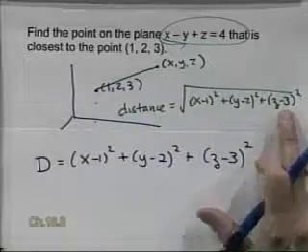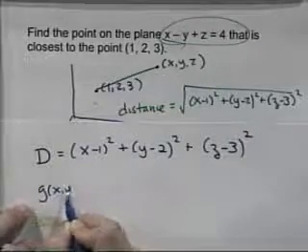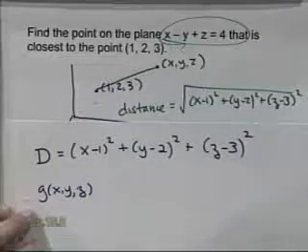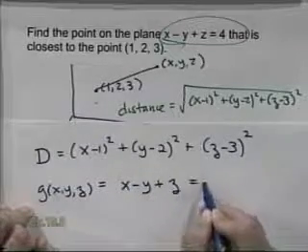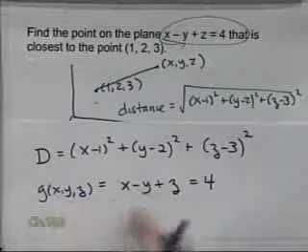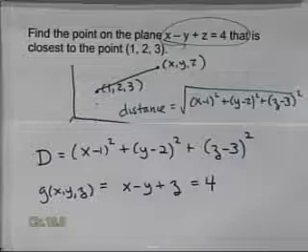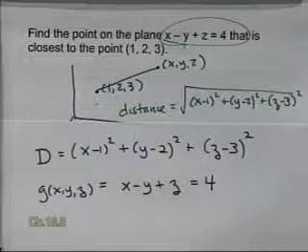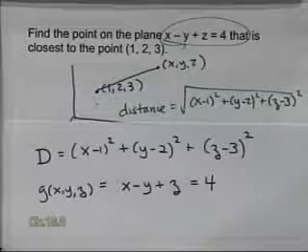And what is my constraint? My constraint is that xyz has to be on the plane, and that means that x minus y plus z must equal 4. That's my constraint, because I want to find the point on the plane that makes this distance formula its minimum. Now I love doing this one because setting it up is the hardest part. This is not a hard problem solving.